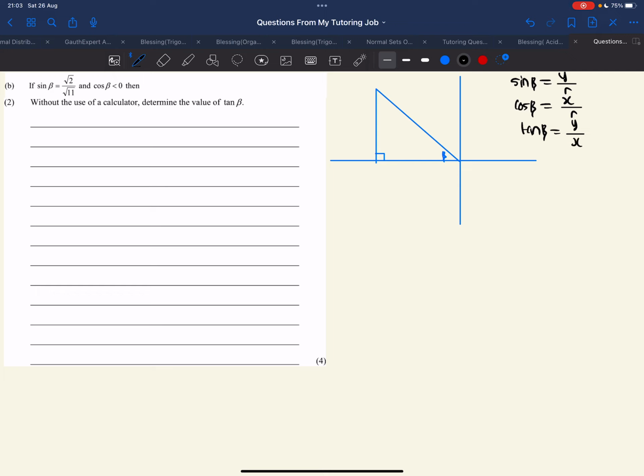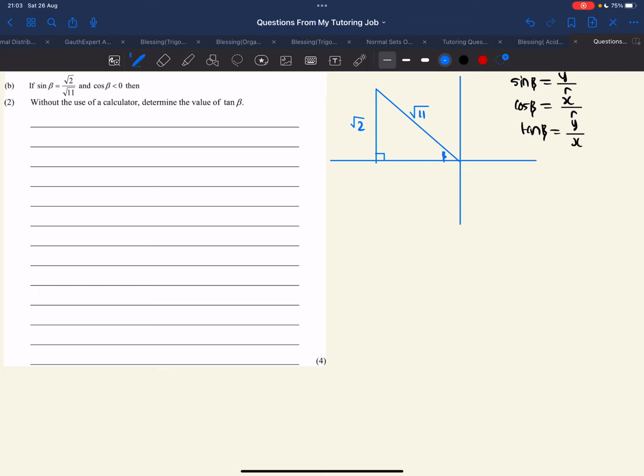So in our case, we are given that sine beta is equal to square root 2 over square root 11. This means that our r, which is our hypotenuse or our radius, is square root 11. And we are also told that our y will be square root 2.